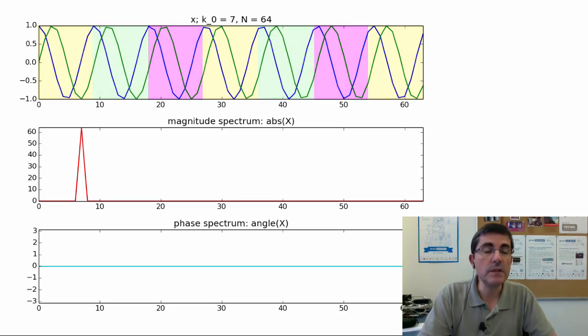And when we compute the DFT, again we see the magnitude and the phase. The phase is a little bit messy, so let's not talk about that right now. Let's just focus on the magnitude, and here we see clearly the value of 64 at one location, which is at location k equals 7. The rest of the values are 0.